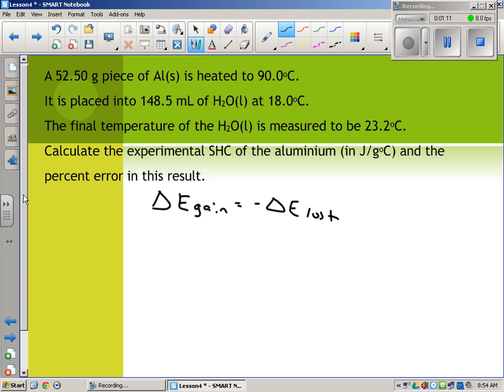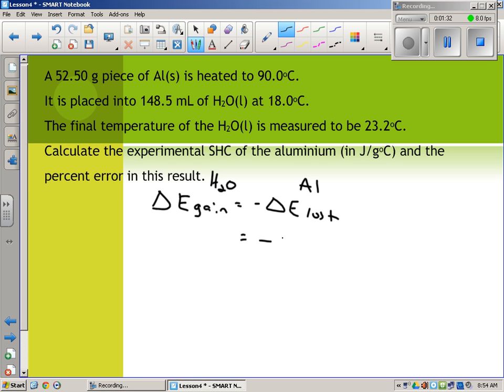We decided yesterday it's always easiest to pick which one gains energy and which one's losing energy, right? So water in this case is going up in temperature, so this is gaining the energy, and this was losing it, all right? Don't forget there's a negative there, because if you don't have the negative, things are going to get messed up, okay? The negative has to be there, of course.